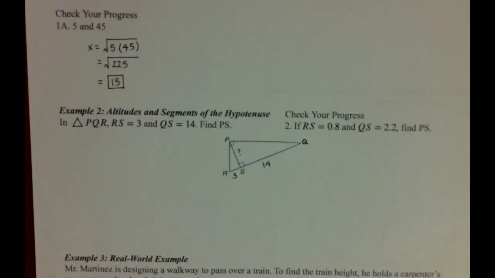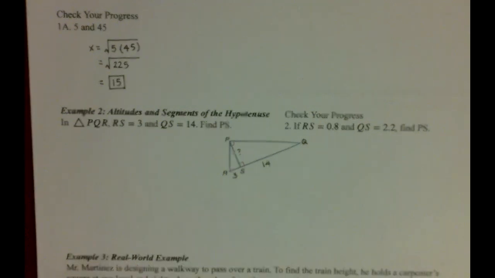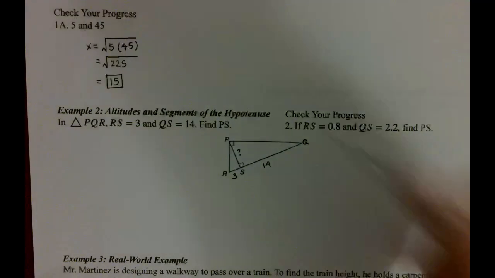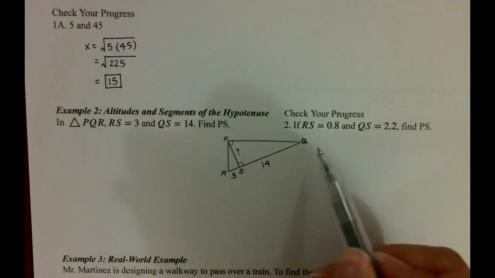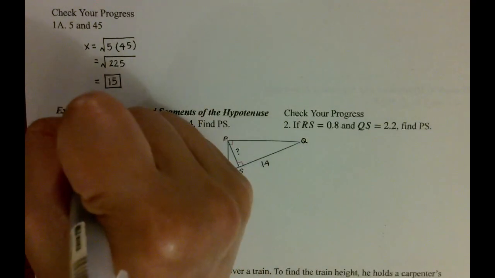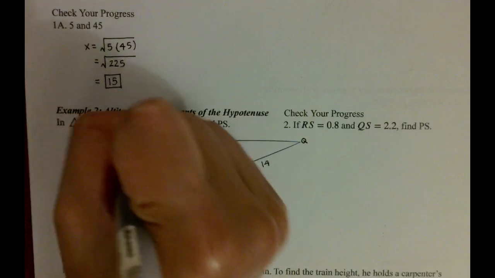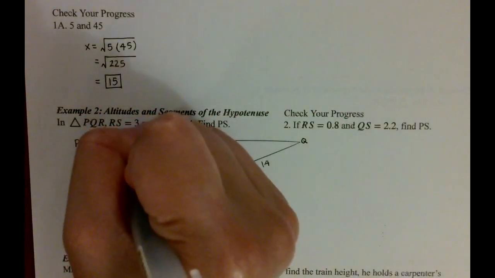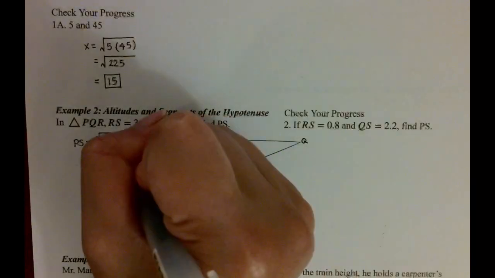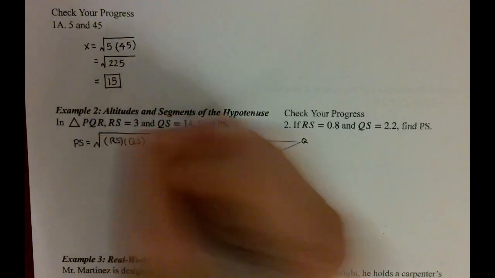What it just told us again is that the altitude right here is the geometric mean of this and this. So PS is the geometric mean, the square root of RS times QS.